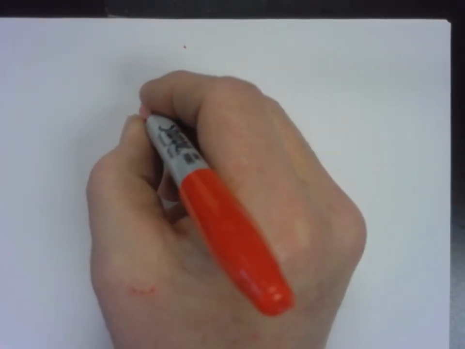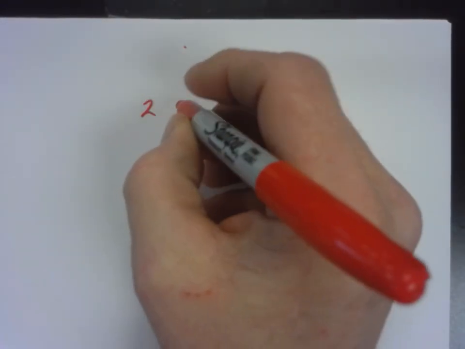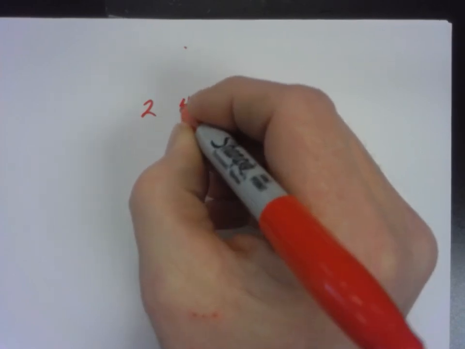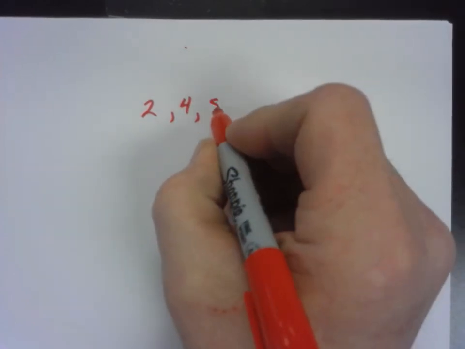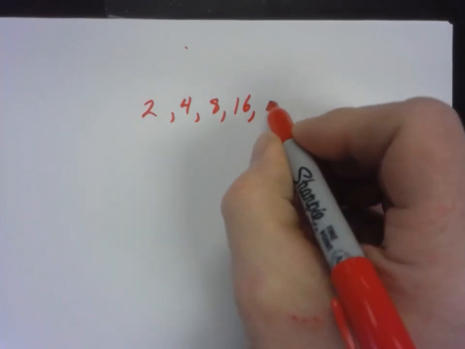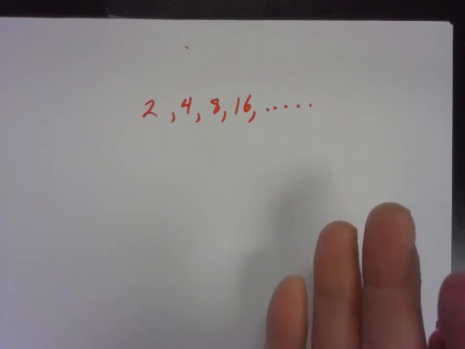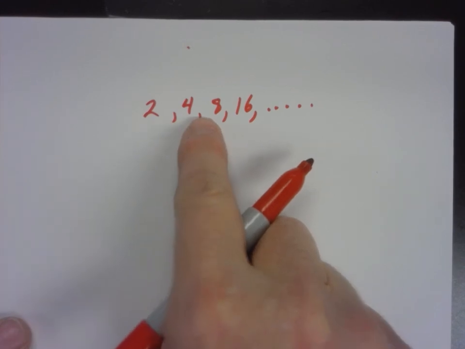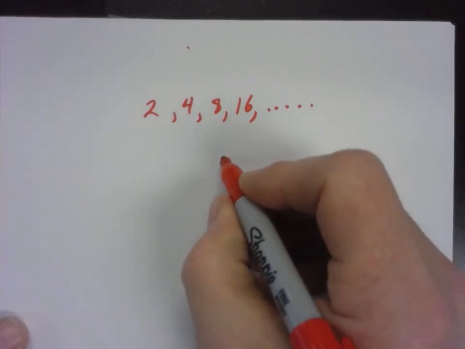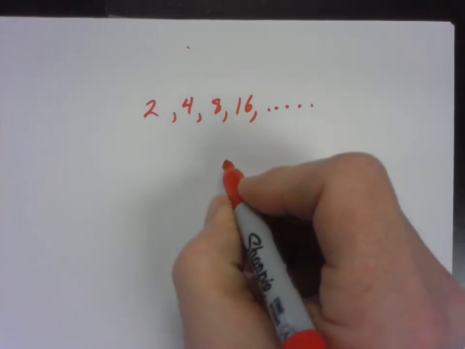So if I give you a series that's exponential, like 2, 4, 8, 16, something like that, we call it a geometric series or an exponential series. See the common factor? Okay, so the common factor is 2, so that would be b.